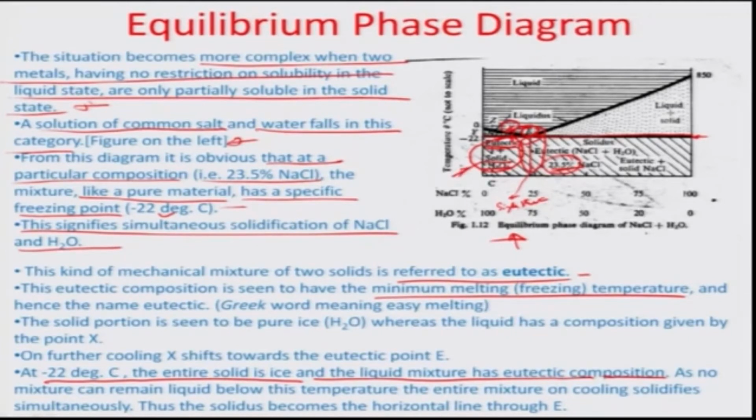This region is known as the hypoeutectic region, where you have excess ice and the eutectic mixture. Obviously, on this other side where the NaCl is more, you should have excess NaCl plus the eutectic mixture, and this is known as the hypereutectic region.